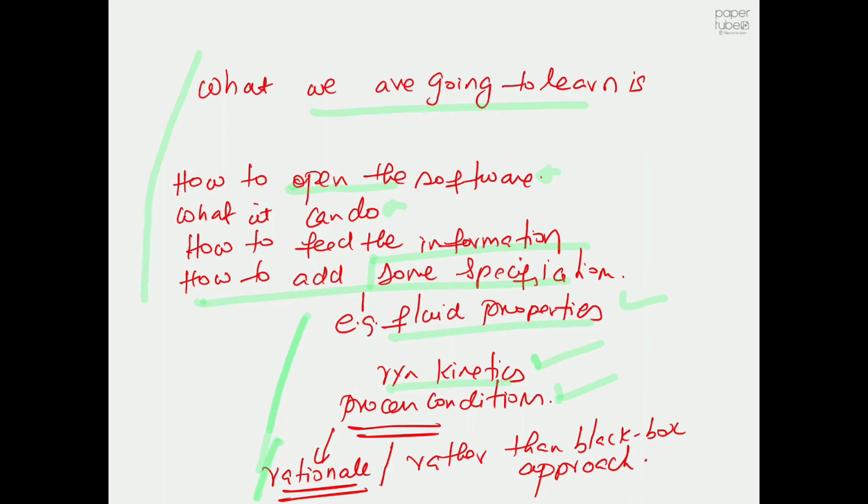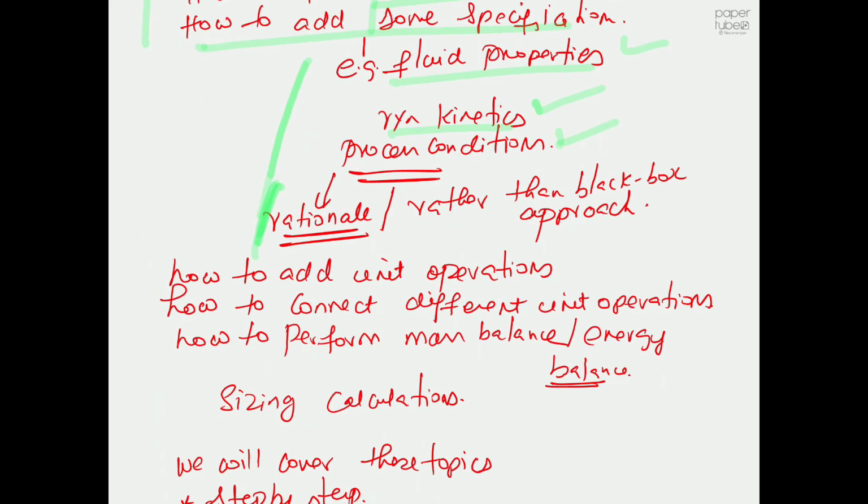And also some rationale. When we are going to design a particular process, first you should convince yourself that these are the particular reasons I selected this process in order to produce that product at that experimental condition. You should have some reason behind that.